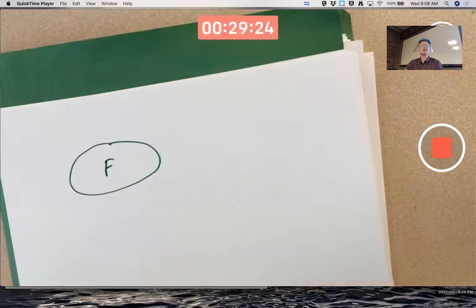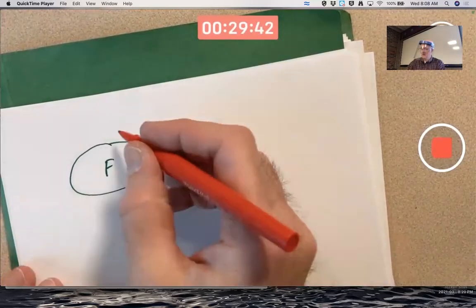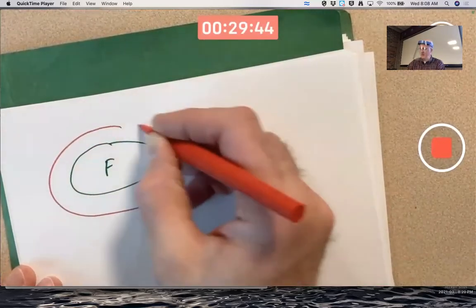So F is a field, that's a commutative ring with unity in which every non-zero element is a unit, has a multiplicative inverse. After the exam, we're going to be thinking a lot about what are called field extensions. A bigger field that contains F.